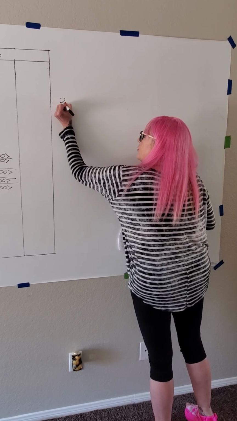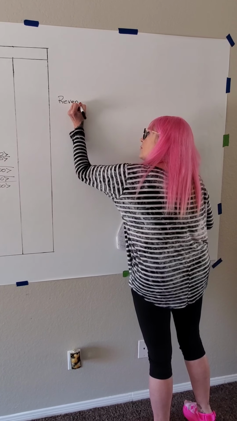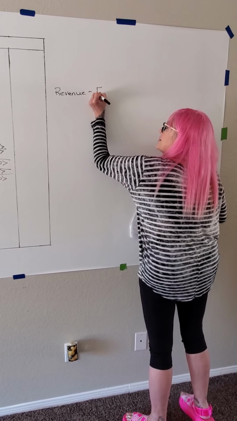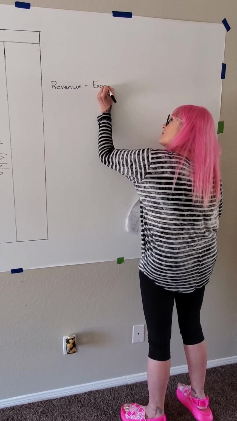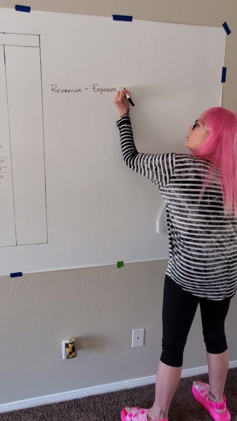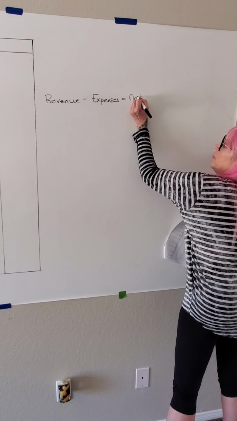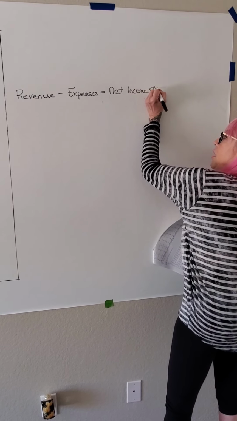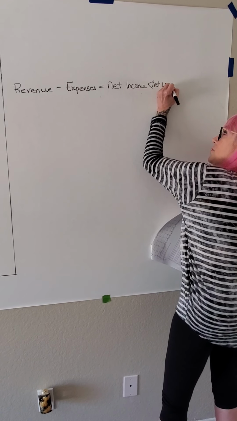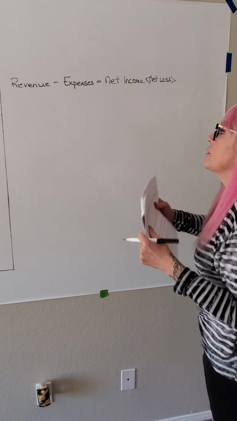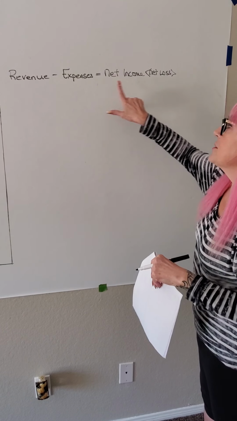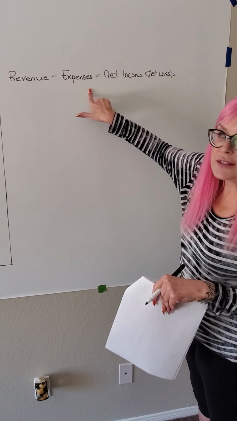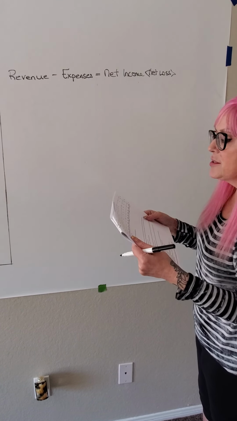So revenue minus expenses will equal net income or net loss. If our revenue exceeds our expenses, we have net income. If expenses exceed revenue, then we have a net loss.